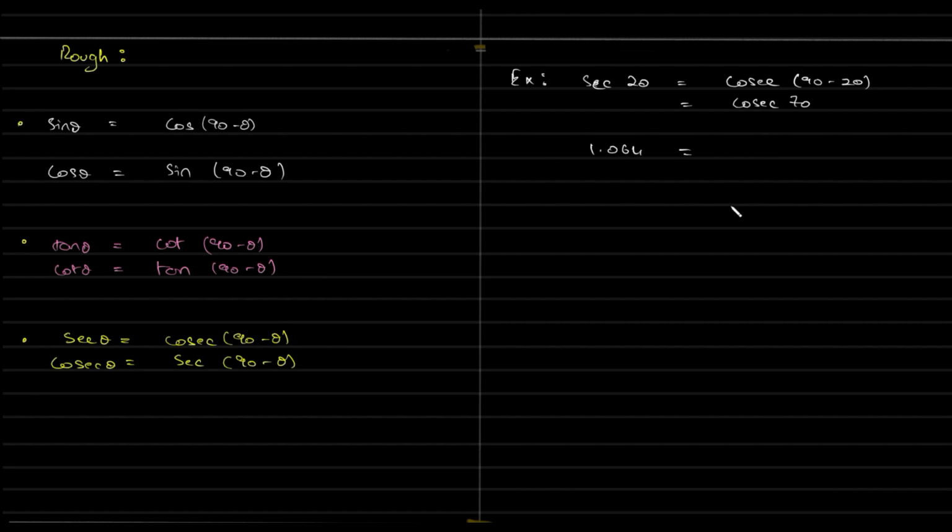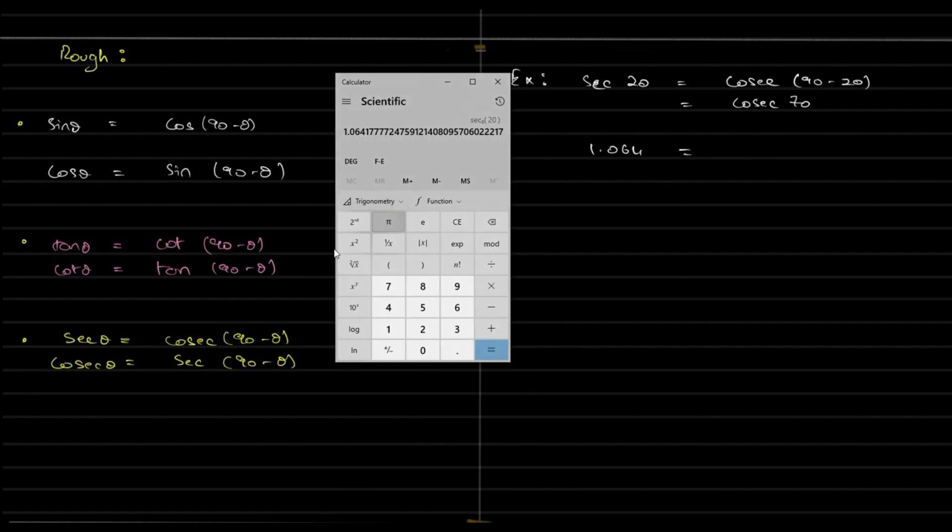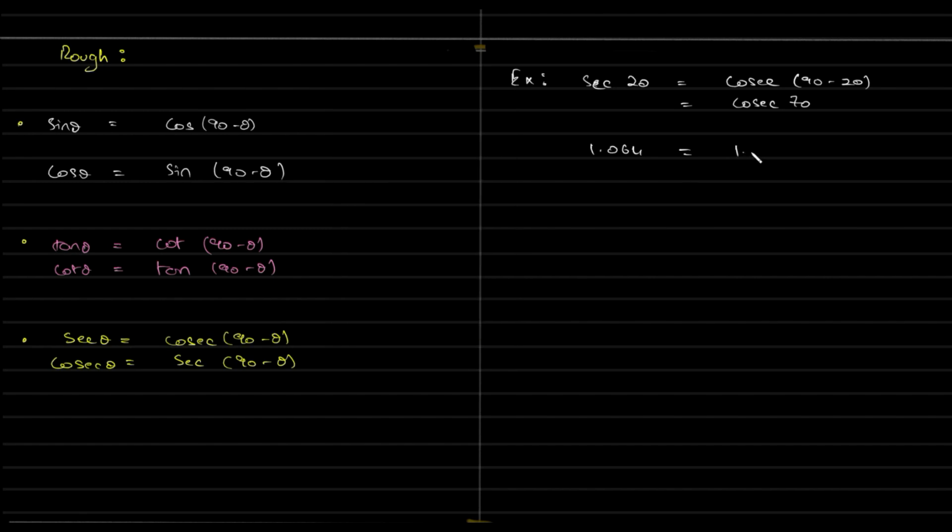Let's see if it's approximately or exactly the same. I mean, it's too long. We can't sit and memorize that. So this is your cosec. We can see it's the same thing, 1.064. So yes, this holds good.